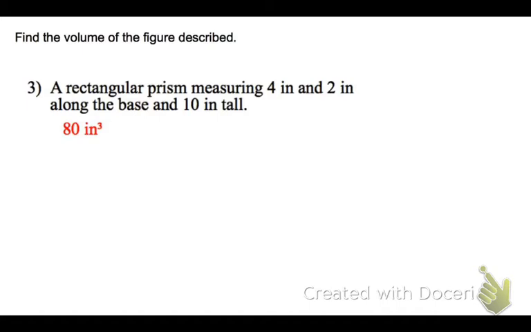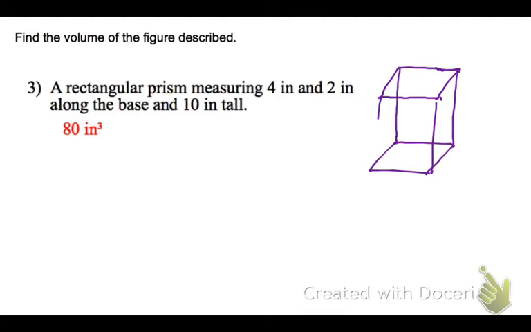So if I have a rectangular prism, that means the bases of my prism are going to be rectangles. This isn't a great drawing, but you get the idea. There's our rectangular prism. It's measuring 4 inches and 2 inches along the base. So let's make this 4, and this 2, and it is 10 inches tall. So our height is 10.